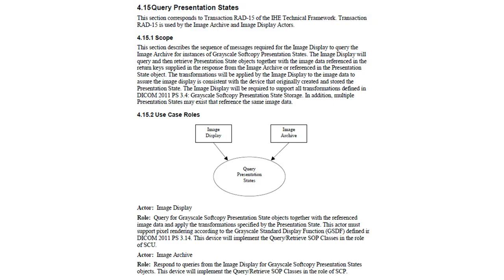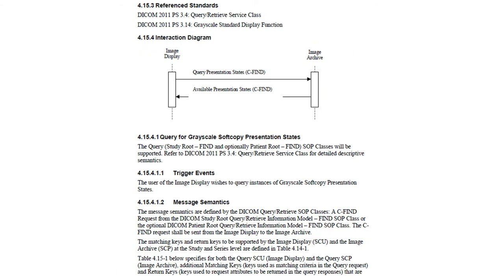So here it is. Here is RAD 15, right? And it starts with scope. Here's the scope section. And then there's the use case role. And as I've been emphasizing, the use case role is a picture. And it lists the actor and what role it plays, and the actor and what role it plays. And then RAD 15 continues. It lists the reference standards, which is DICOM in this case.